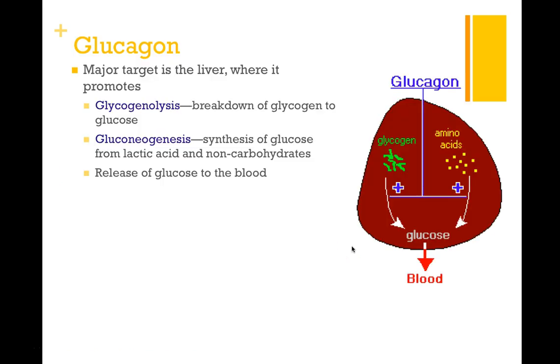A bit more on glucagon here. The major target for glucagon is the liver, where it will promote two major processes. We have glycogenolysis, which will break down glycogen into glucose, which will then move into our blood.